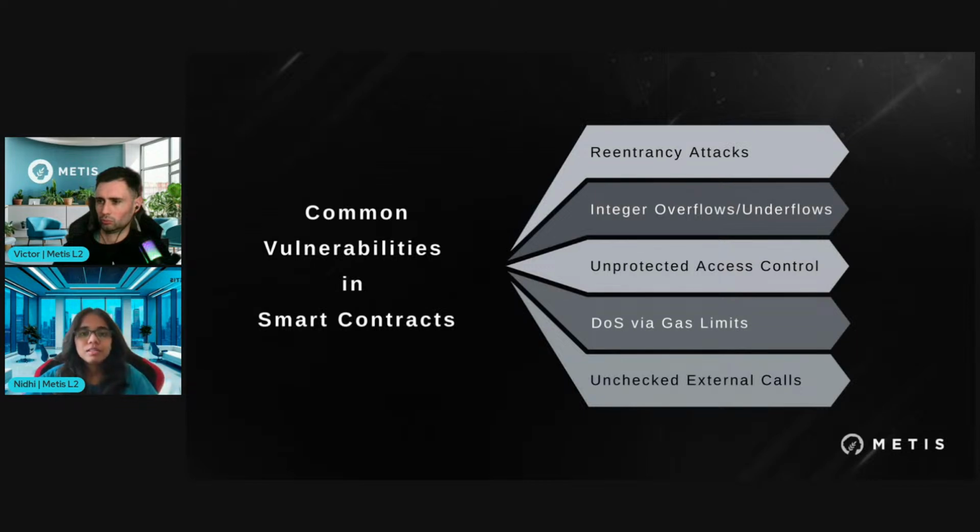Another issue is denial of service via gas limit. Attackers can exploit this by making certain transactions uncallable or failing, effectively locking up parts of your contract. Let's say your contract has a function with a for loop.